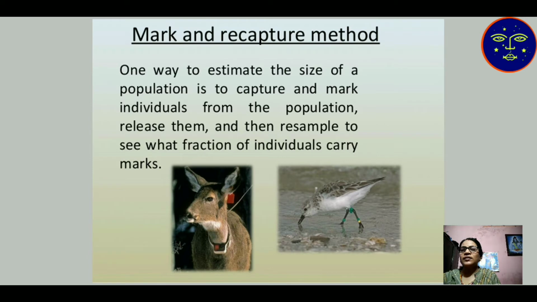In this method, one way to estimate the size of a population is to capture and mark individuals in a particular area. Release them and then resample to see what fraction of individuals carry the marks. This is known as the mark and recapture method.